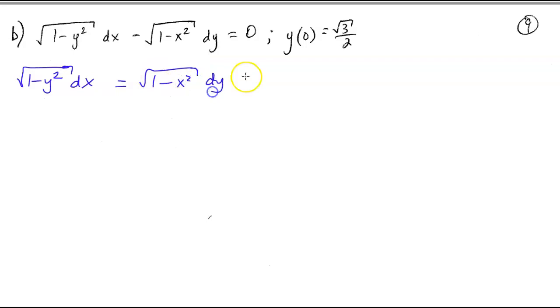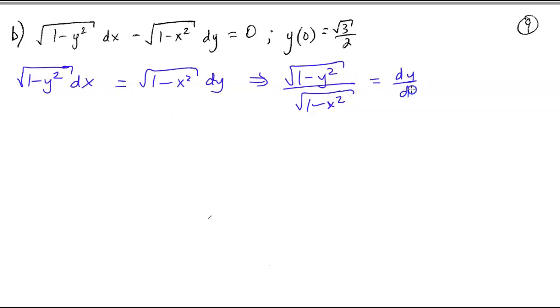We end up with the situation here. And if we work this out, this will be the square root of 1 minus y squared over the square root of 1 minus x squared. And that will equal dy over dx.